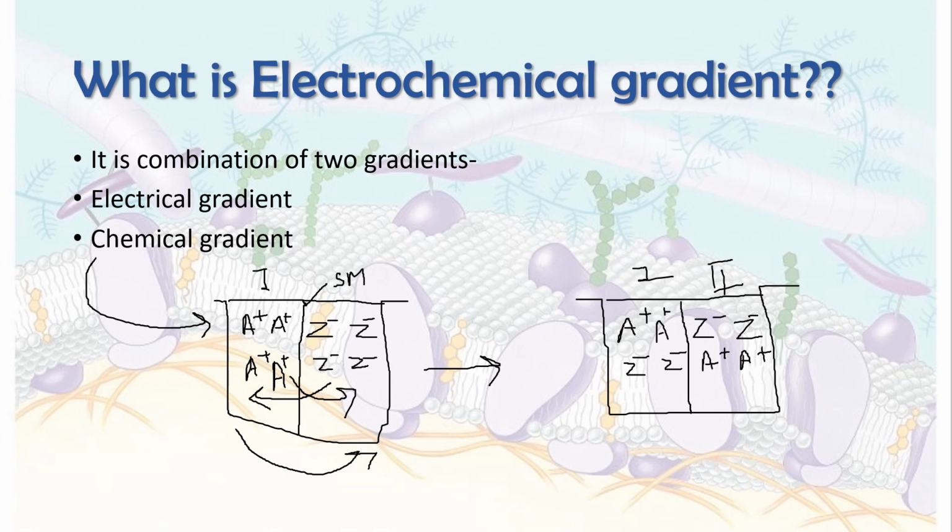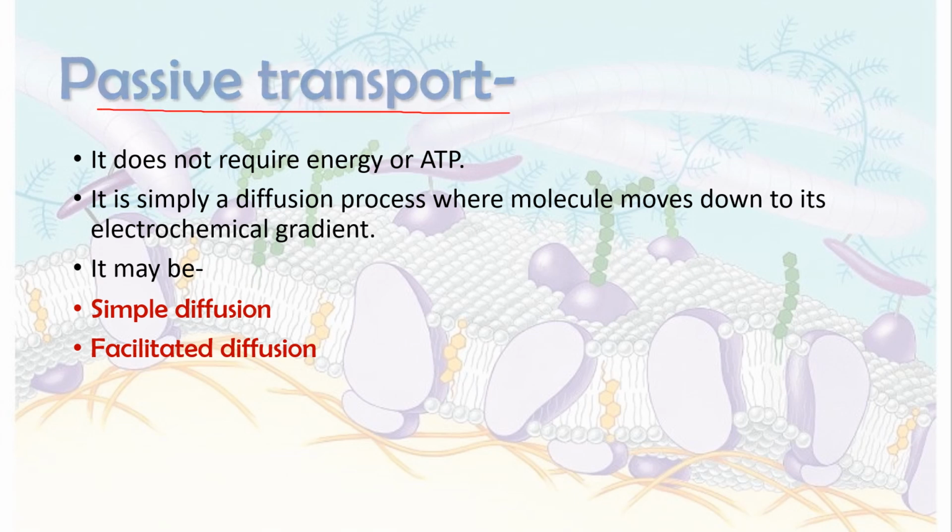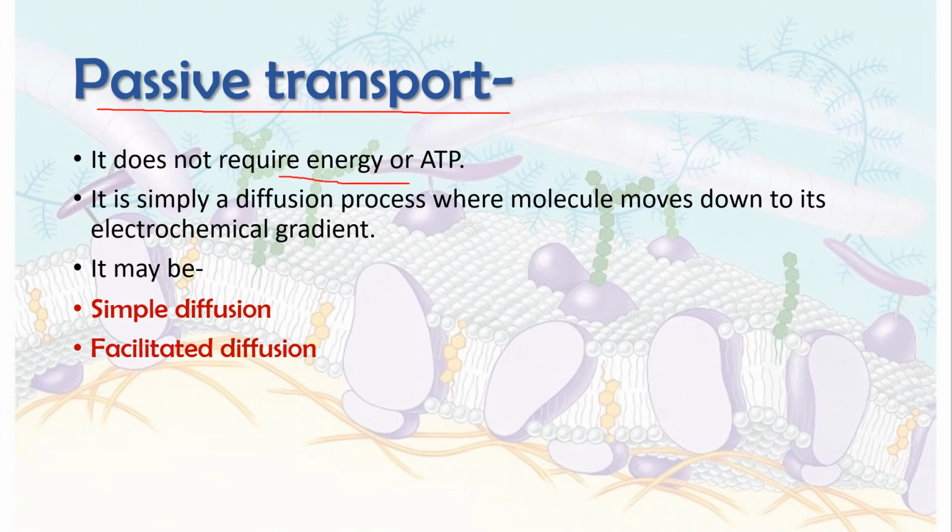Okay, now the membrane transport. The first type of membrane transport is passive transport. It does not require energy in the form of ATP. ATP is also known as the energy currency of the cell. It stands for adenosine triphosphate.